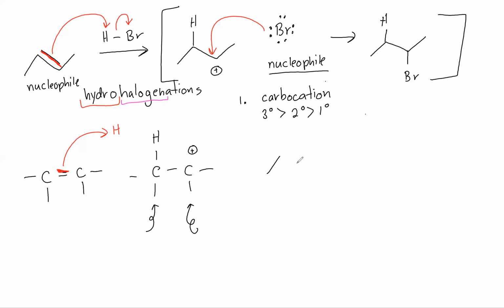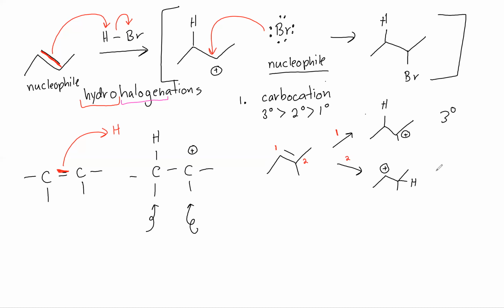So if we look at an example that looks like this, we can see here, okay, there are 2 possibilities that the hydrogen can attack. They can attack at carbon 1 or they can attack at carbon 2. If we attack at carbon 1, we end up with a hydrogen right here and our positive charge right here. We have a tertiary carbocation. If we attack at carbon 2, we'll end up with a hydrogen right here and our positive charge right here.